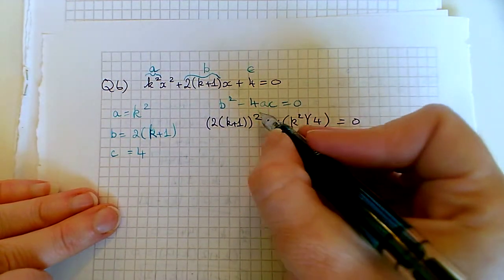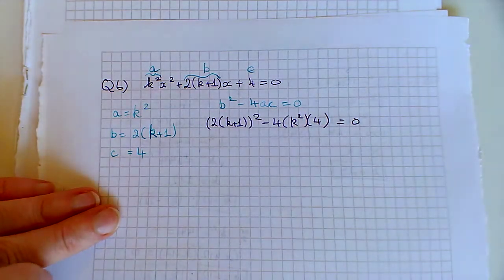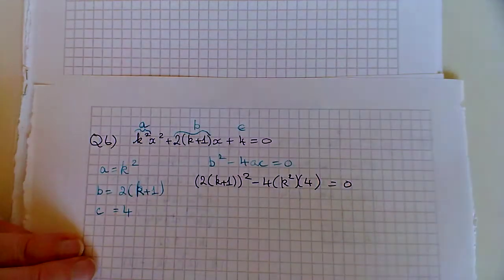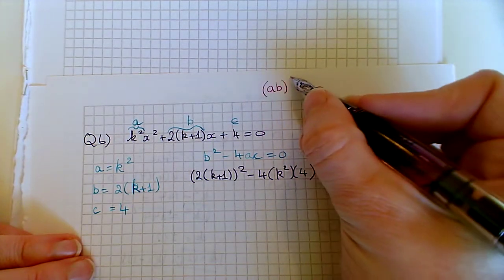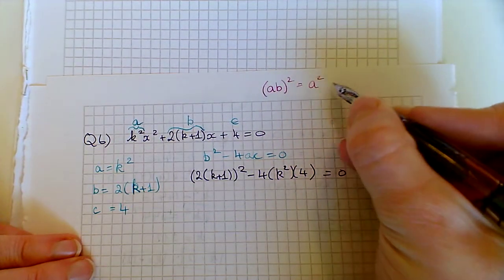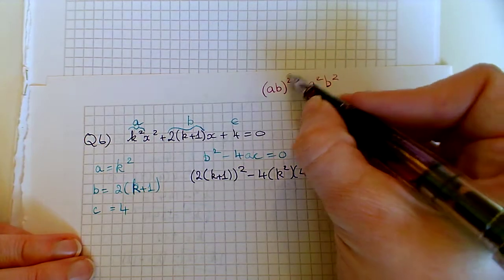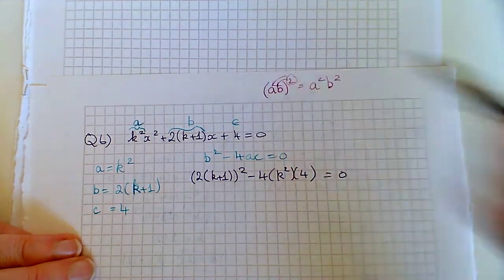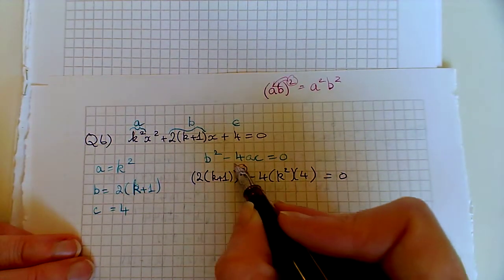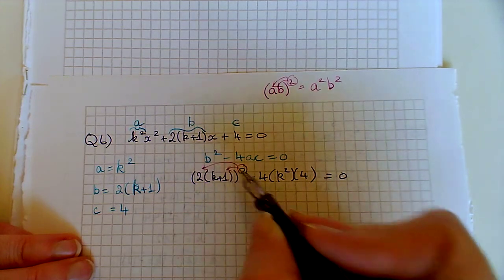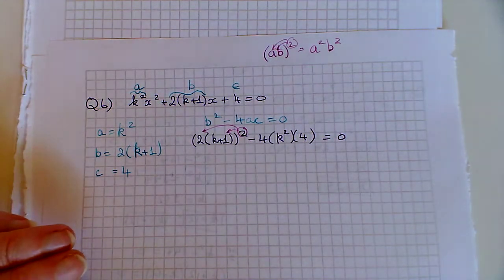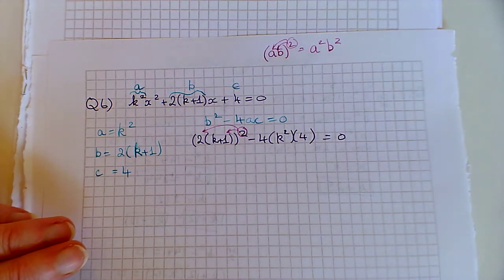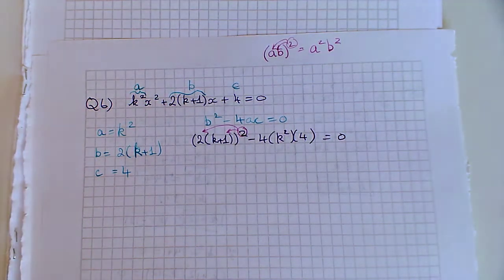Remember, when you square something like this, with 2 terms inside the bracket, the power applies to both of them. So if I have ab all to the power of 2, that is a squared and b squared. This power applies to both terms. Likewise here, this squared applies to both of these terms here. We found that before when we were doing the sum and difference of 2 cubes, factorizing those types of questions.